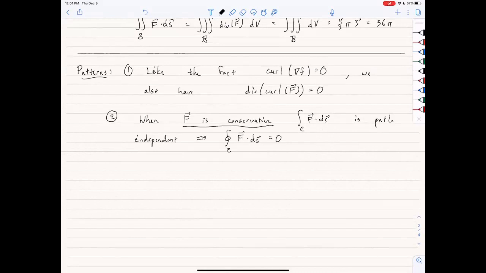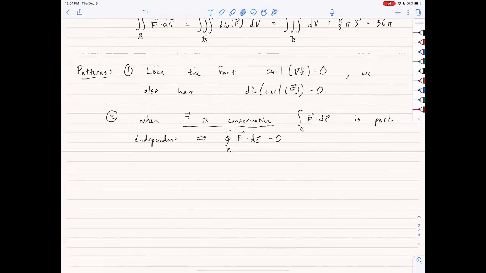Now, the same kind of thing can be said if we bump up a dimension. This pattern sort of continues, except the notion of being conservative is replaced with the notion of having a vector potential.